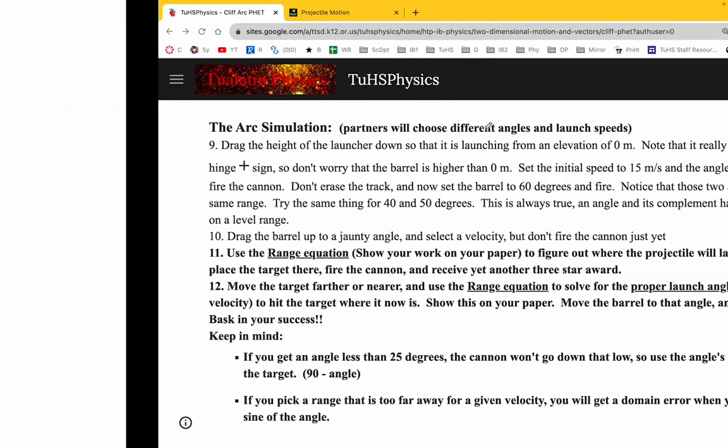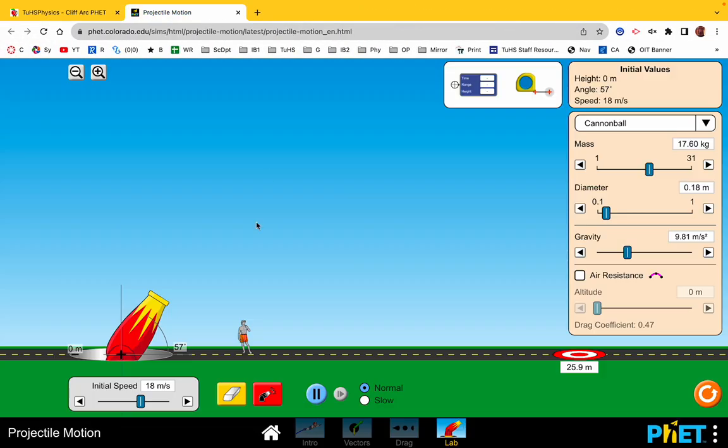So that looks like this. The range is v squared, that's just our launch speed, over g, sine of twice the angle. All right, so it is 18 meters per second, 57 degrees.